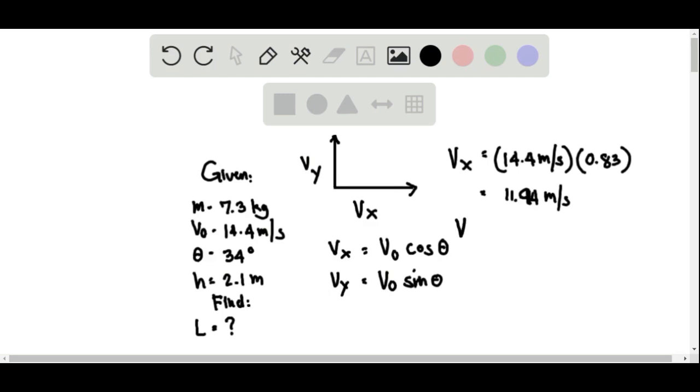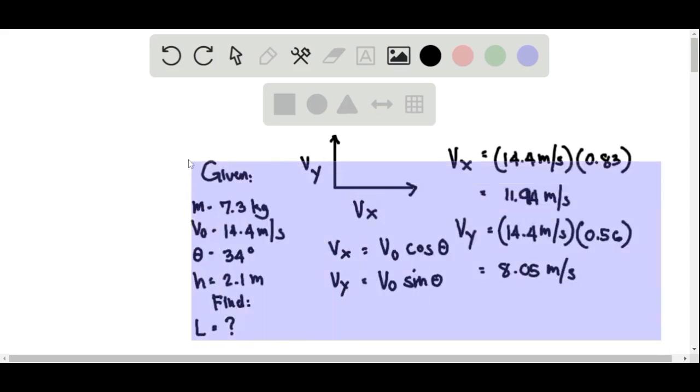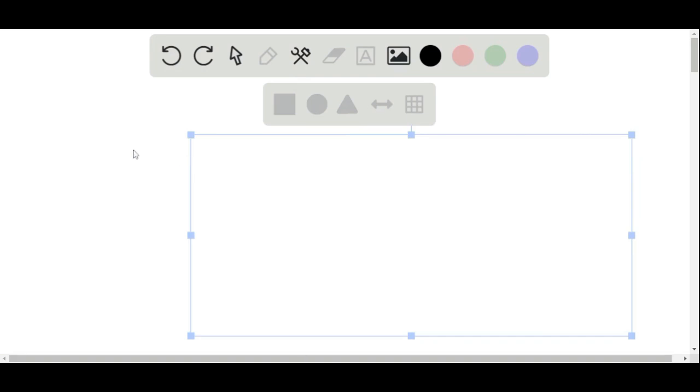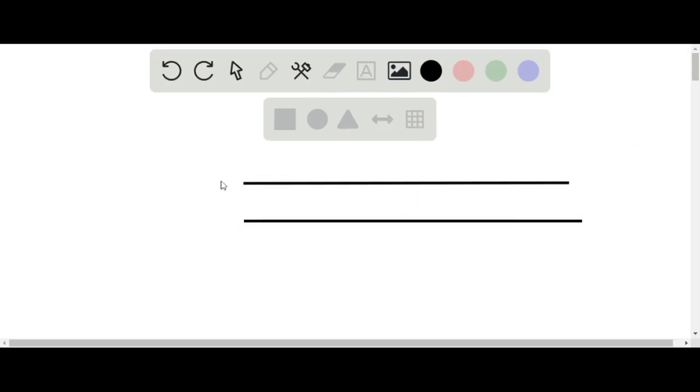For the y component, we substitute 14.4 meters per second times sine 34, and the result is 8.05 meters per second. Now let us proceed to the formula to get the time, because we don't have the time and we need it to get our horizontal distance.